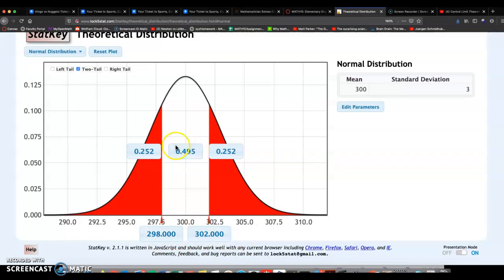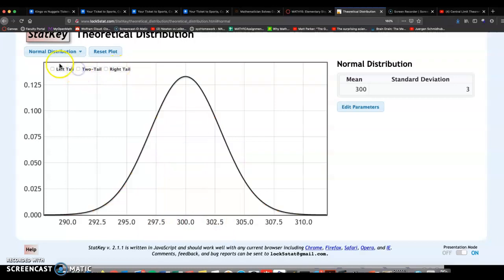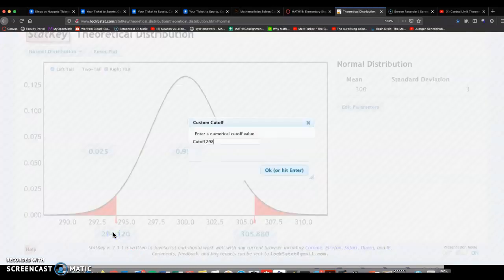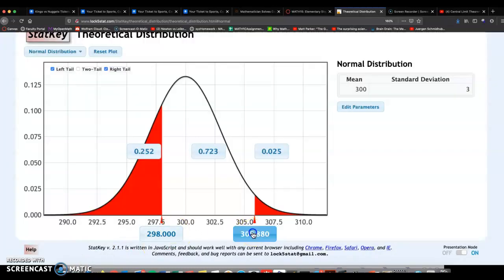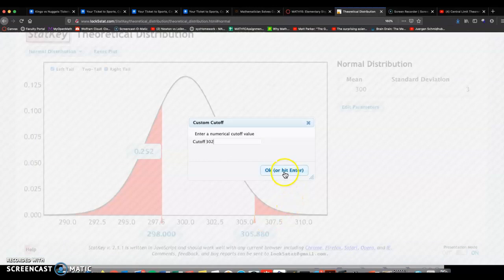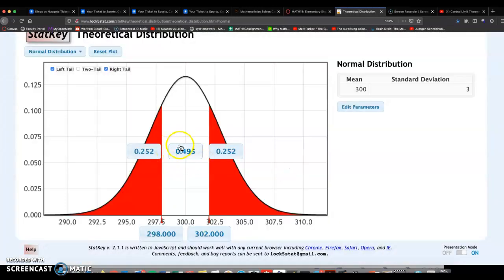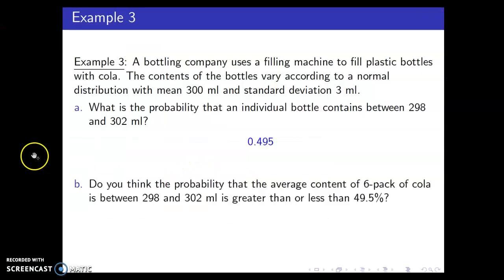So we get the probability that it's between these two is 0.4495. The other way to get that is to click both left and right tail, and then change both those bottom entries, 298, and change this bottom value to 302, and voila, we get the same percentage. That's why if we just look at one bottle, we get about 49%, a 50% chance.